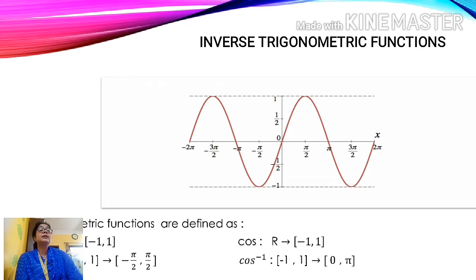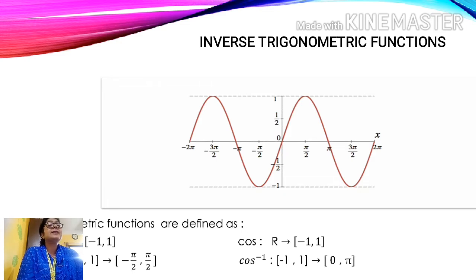I have drawn here a graph of sine x. On the right side of the x-axis, the points are from 0 to pi by 2, pi, 3 pi by 2, then 2 pi. On the left side, minus pi by 2, minus pi, minus 3 pi by 2 and minus 2 pi. Now check the values of sine x.